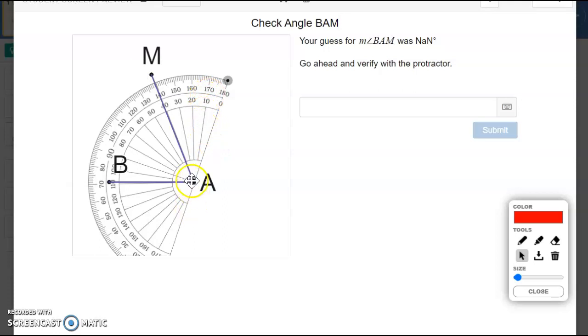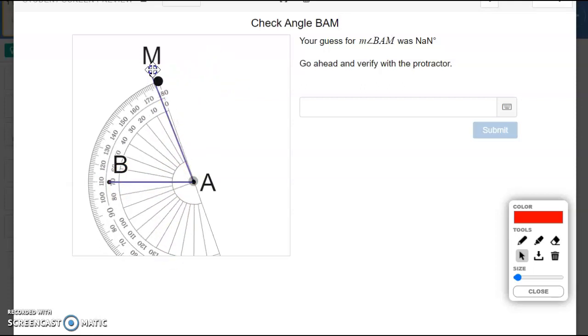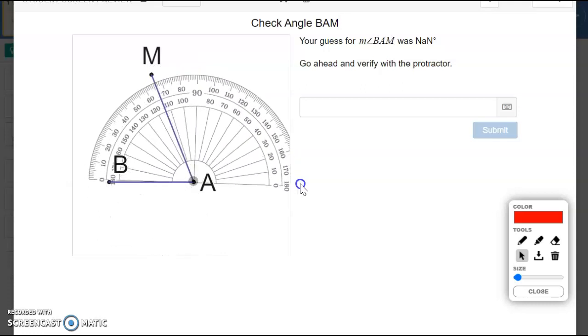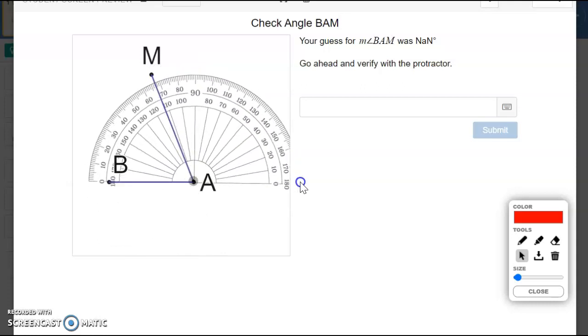Okay, here we go. So we matched up the vertex with the vertex of the protractor, the center of the protractor. We need to line up one of the edges of the line. Okay, so to do that, I could do this or I could do this. Okay, either would be fine.